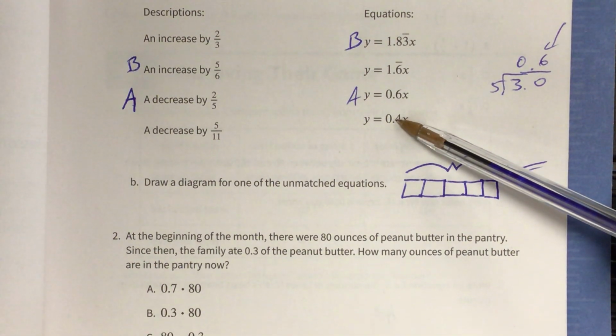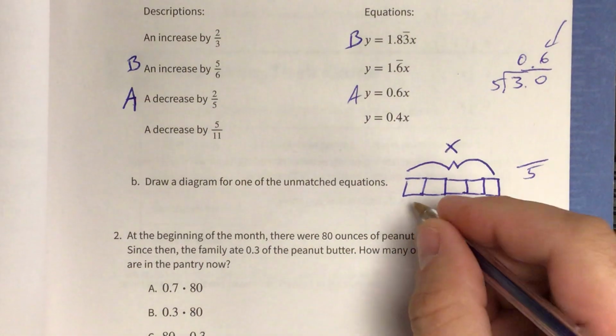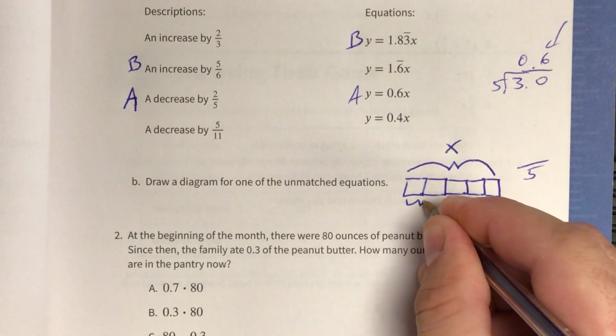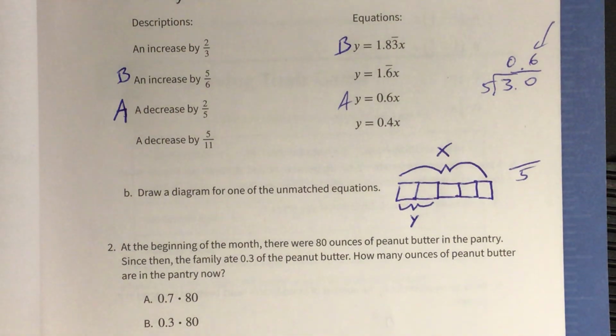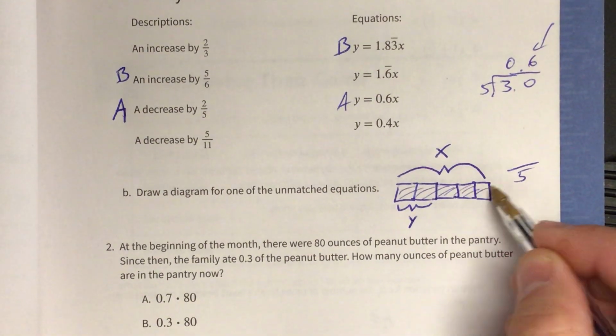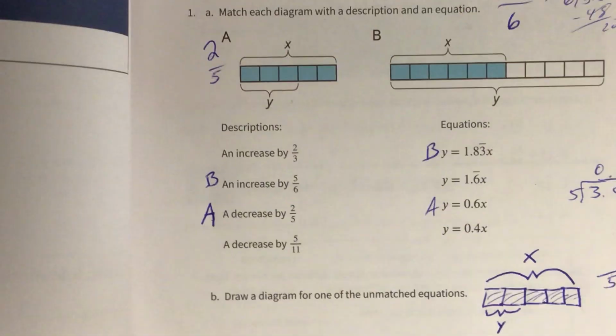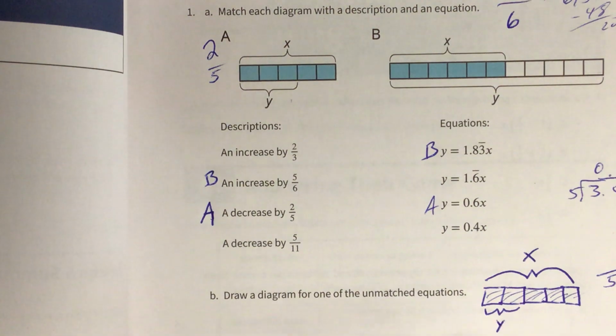How many out of 5 would I have to have left to have 4/10 left? Brody? 2. 2/5. So this would be my Y. You could shade all the X's in again if you want. So it's very similar to this one. Just one less box left.